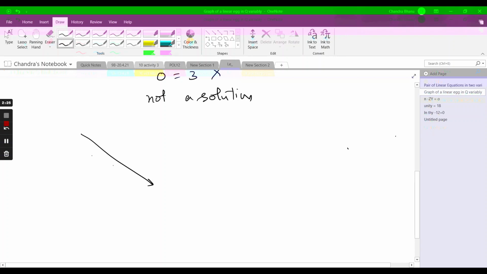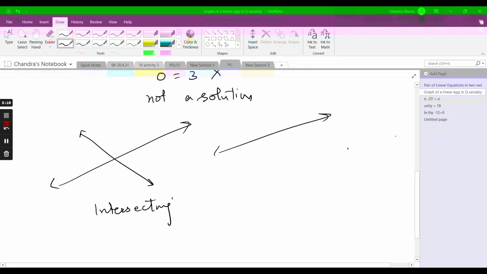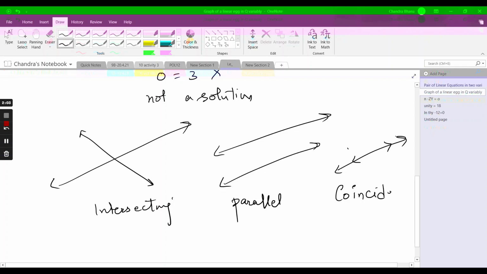Either I am going to get 2 intersecting lines, or 2 parallel lines, or 2 overlapping lines. We call them coincident lines. So I think only these 3 situations are possible whenever I want to draw 2 lines on a graph.